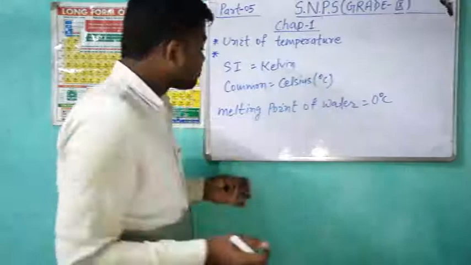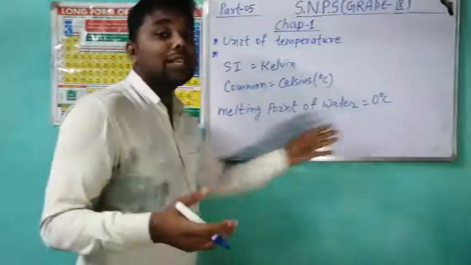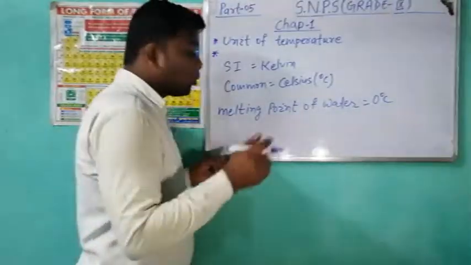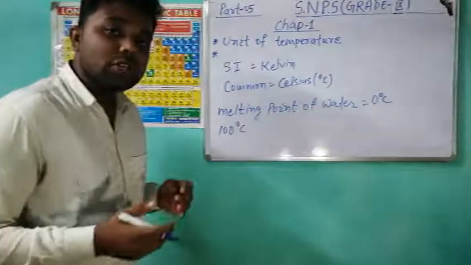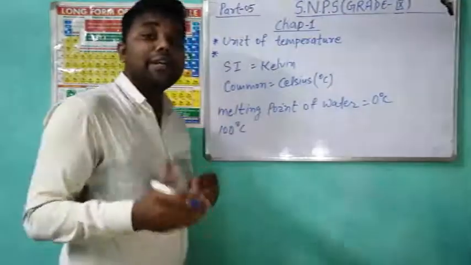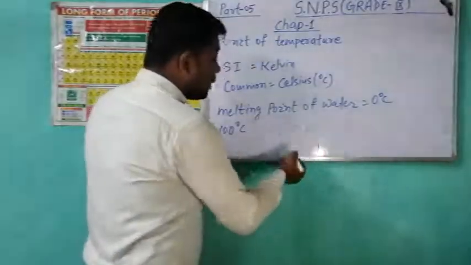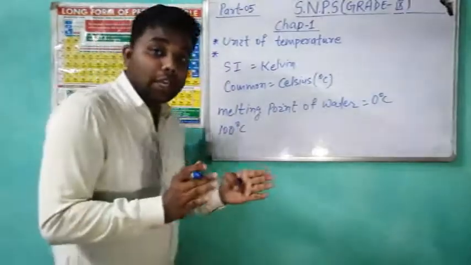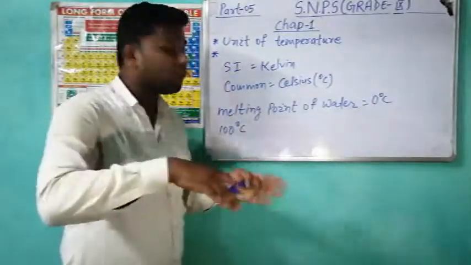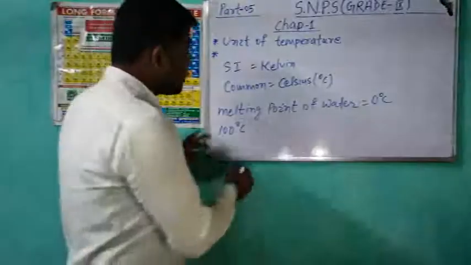Suppose we have 100 degree Celsius, and the question is to convert 100 degree Celsius into Kelvin. We can simply add 273 to the degree Celsius to convert it to Kelvin.